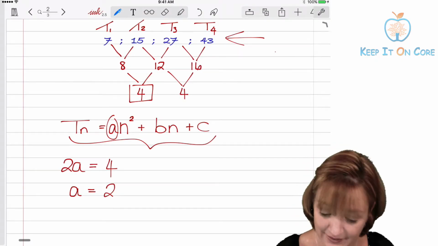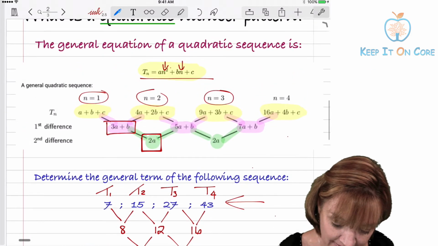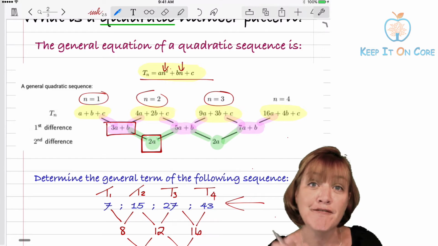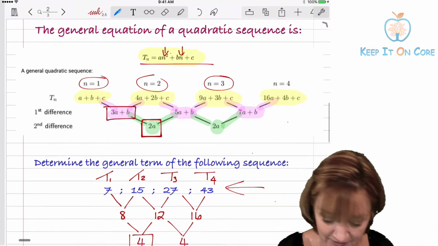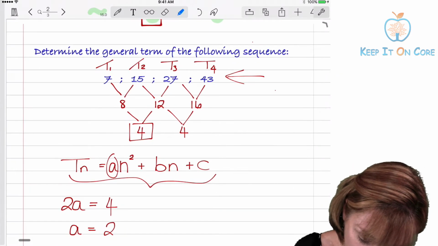And now we need to solve for the unknown b and the unknown c value. So we go back to this over here and we say, okay, this 3a plus b represents the first number in that first row of common differences. So we're going to look at the first number in this row over here, which was 8.